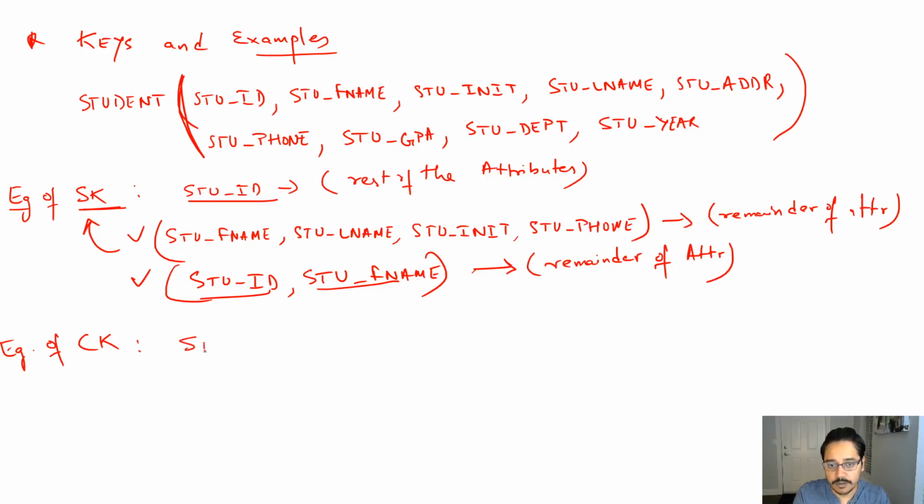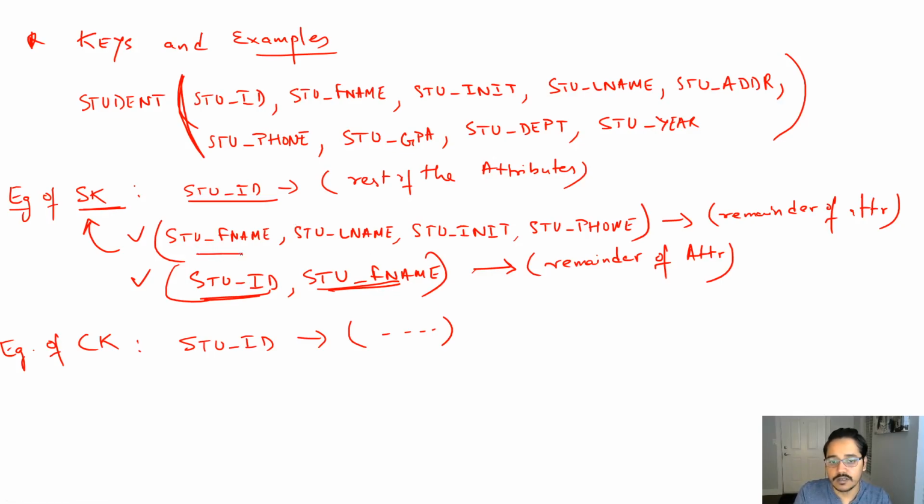But if you look at this example, if I remove the first name, then you can still determine the remainder of the attributes, right? As a result, the composite key of student ID, comma, student first name is not a candidate key because it does not abide by the concept of full functional dependency. You don't need all the attributes on the determinant side.